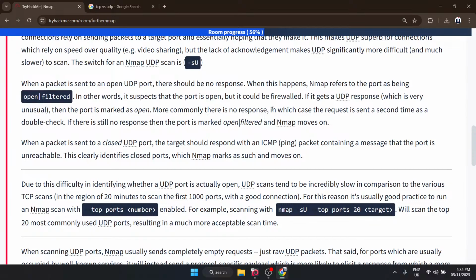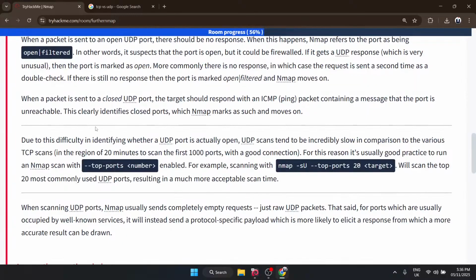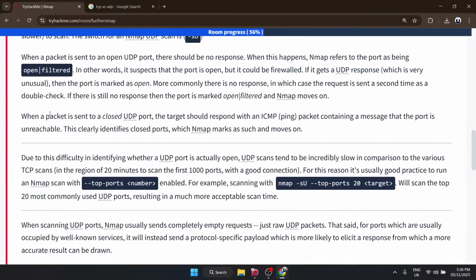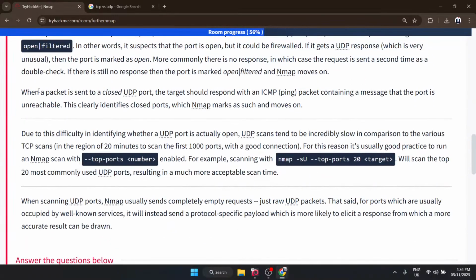More commonly there is no response, in which case the request is sent a second time as a double check. If there is still no response, then the port is marked as open|filtered by Nmap, and Nmap moves on. So this is, I would say, a bit difficult when scanning UDP ports.